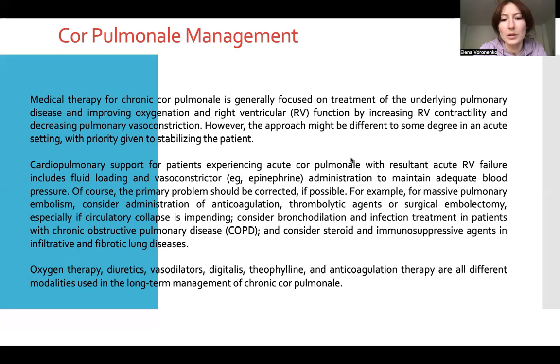Consider bronchodilators and infection treatment in patients with chronic obstructive pulmonary disease and consider steroid and immunosuppressive agents in infiltrative and fibrotic lung disease. Oxygen therapy, diuretics, vasodilators, digitalis, theophylline, and anticoagulation therapy are all different modalities used in the long-term management of chronic cor pulmonale.